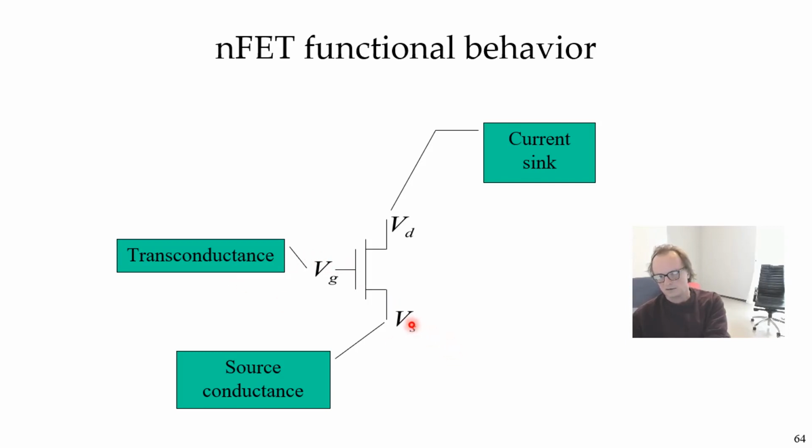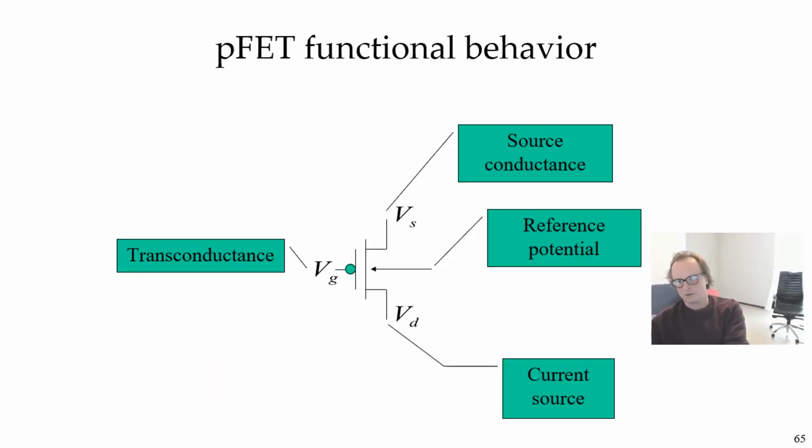And then the source has a very big conductance because the current is exponential with the gate source voltage. So the source always acts like it has a conductance. But in terms of the drain, as long as the transistor is saturated, this transistor is trying to make basically a constant current that doesn't depend on the drain voltage. So it's acting like a current sink.